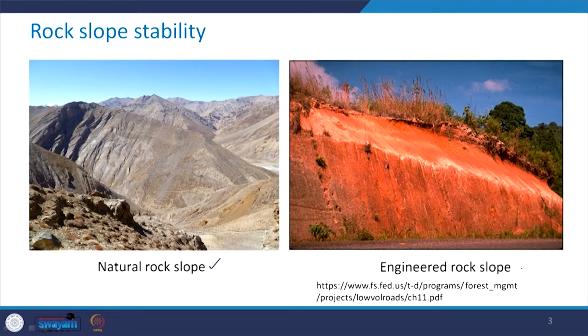This one is an engineered rock slope, where you can see that a road is there and the slope has been cut in order to create space for it. This is what we call the engineered rock slope, and this is the natural rock slope.